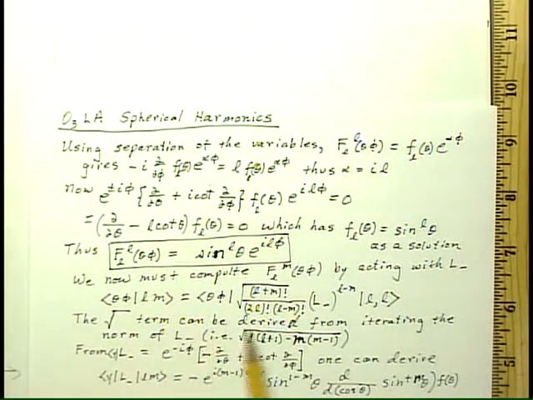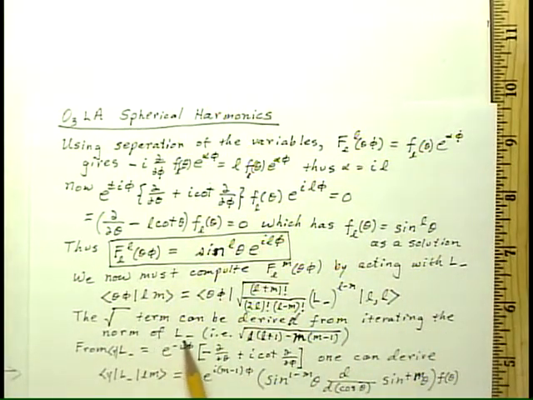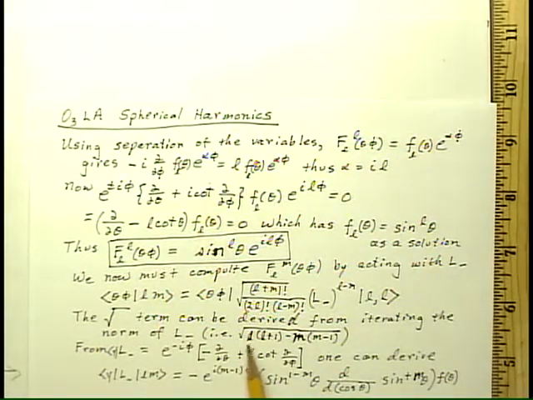This square root term can be derived from iterating the norm of L minus. You remember that the norm of L minus is the square root of L times L plus 1 minus m times m minus 1. And we can iterate that L minus m times and get this term right here, which has the factorials in it, with just a little bit of work.